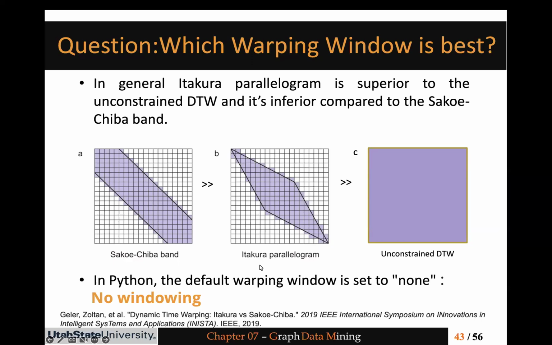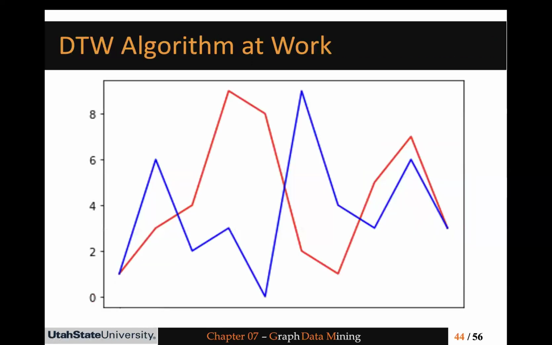The parallelogram has a strong assumption that the flexibility must happen only in the middle of the signal, which is not necessarily correct for all the data sets that you might encounter.